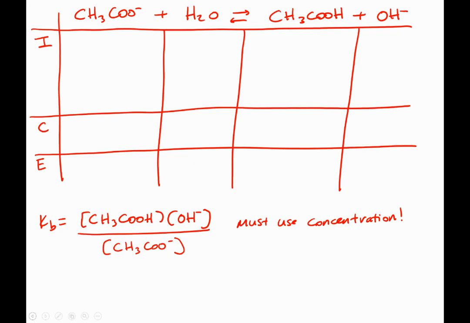So when the time comes for us to make the ice table, we have to convert the moles into molarity. To do that, it's important to remember that molarity is equal to the number of moles over the volume. And so what you have to do is take moles and divide by the total volume of the solution.